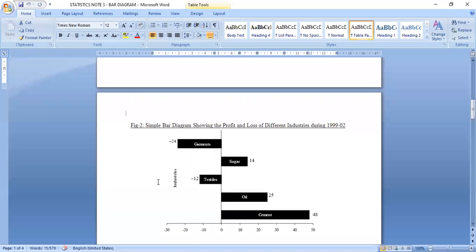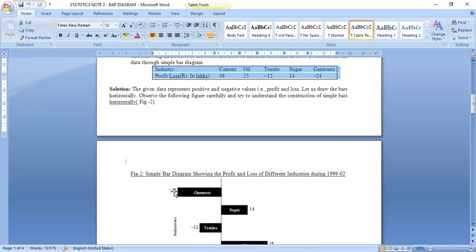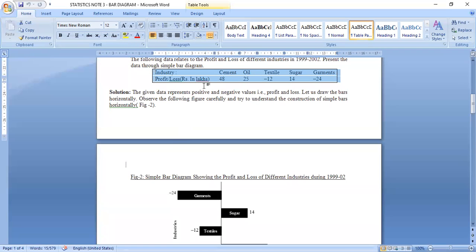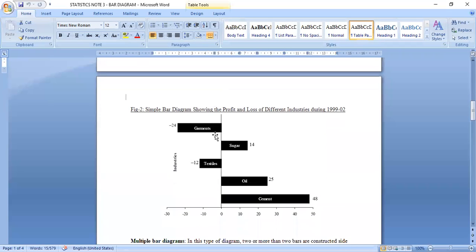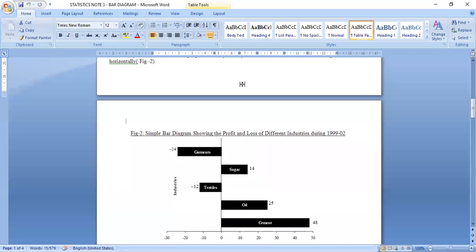Okay, and actually you see this profit loss along the x-axis. My notation here is wrong. They are the profit loss along the x-axis. They are the industries. Oh, it is given. It is industries.